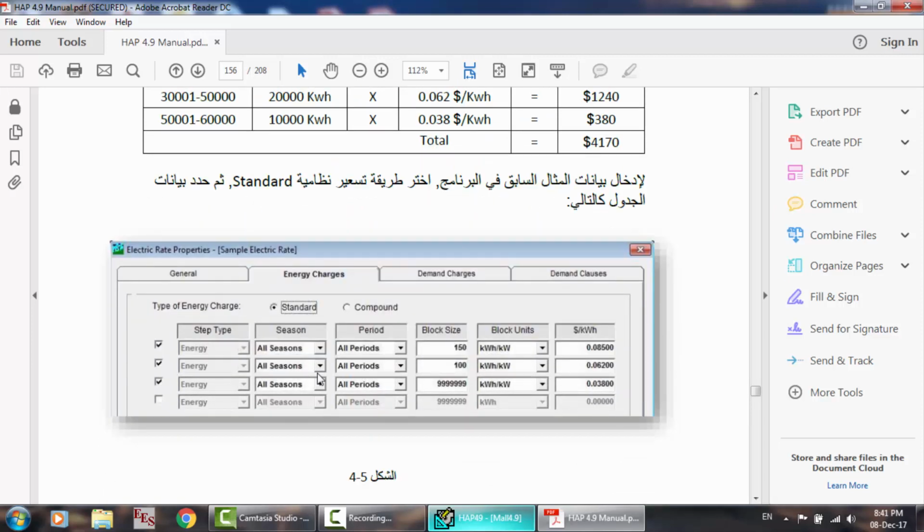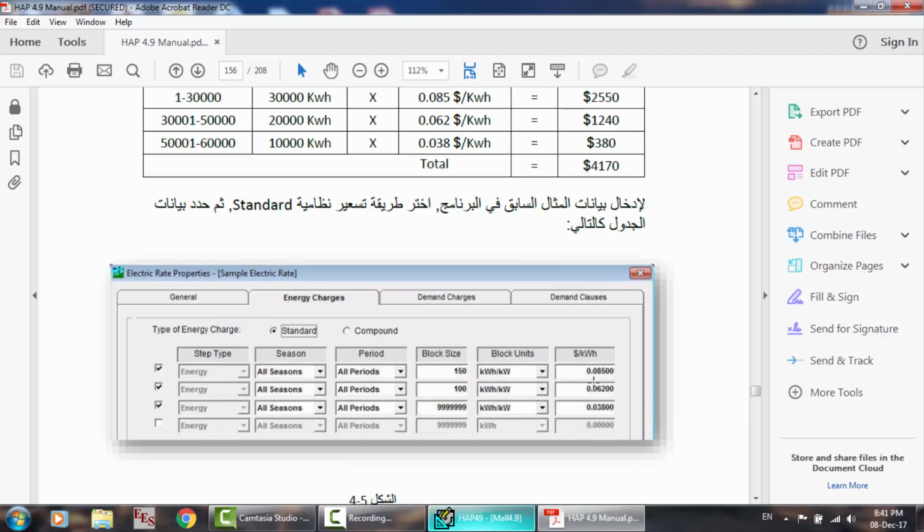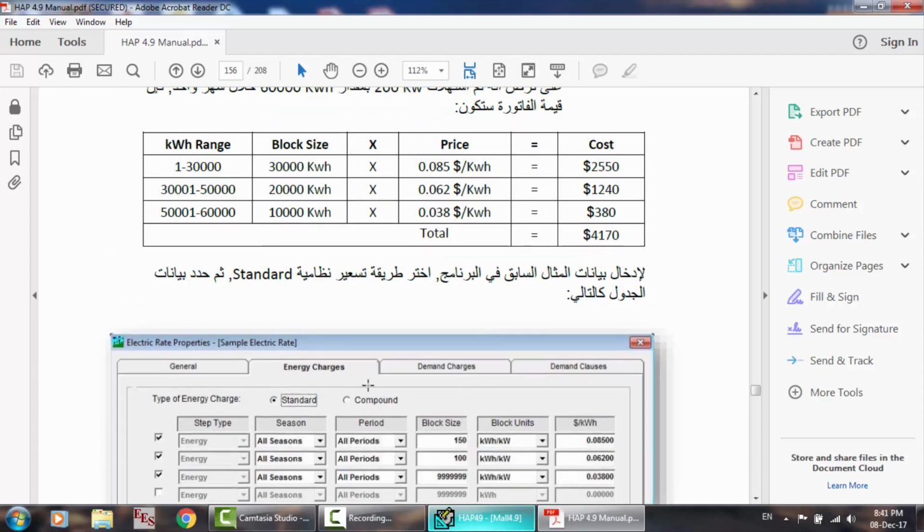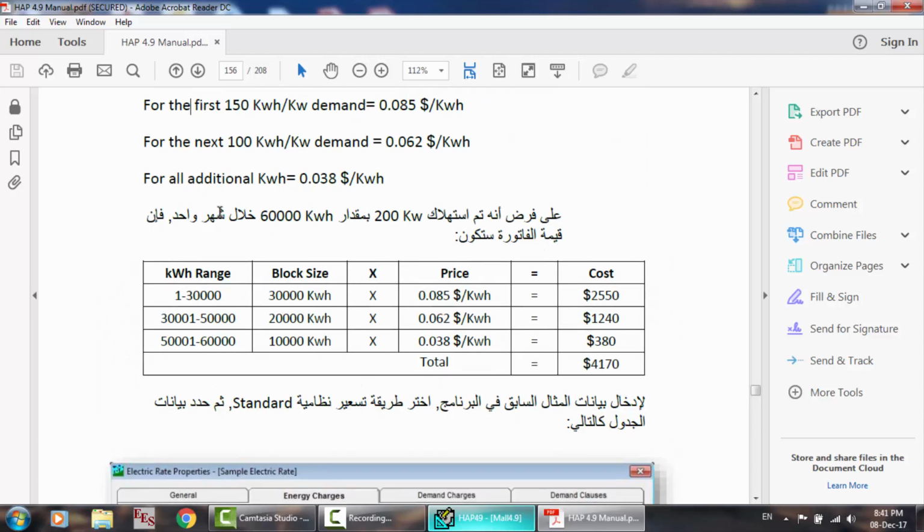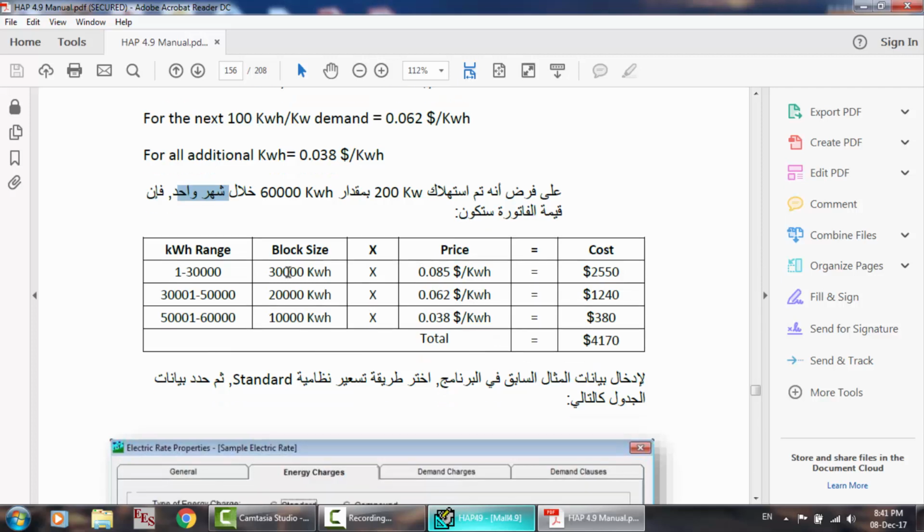The last step for this energy has to be 7 nines to tell HAB that this is the last one and the additional amount. And that's it. So this is for the standard and for all seasons, and this is the total cost for one month.